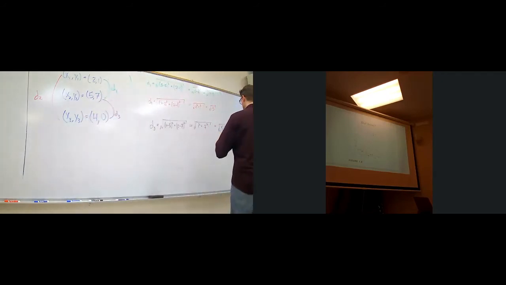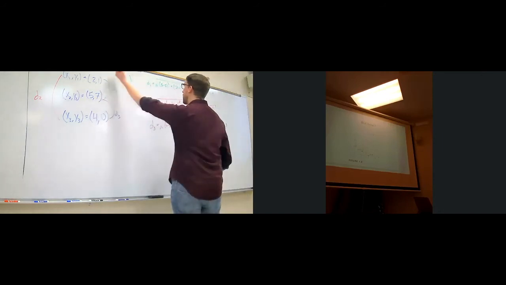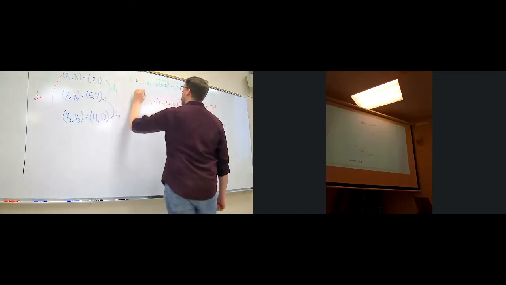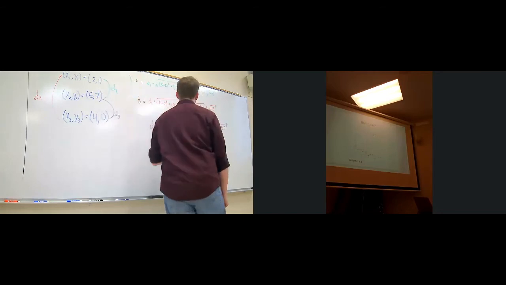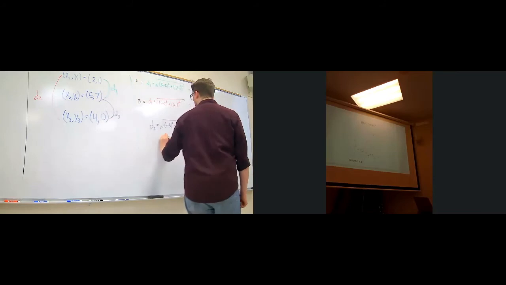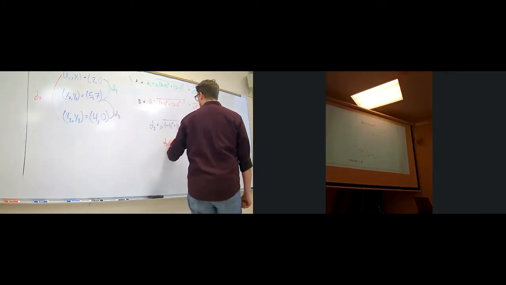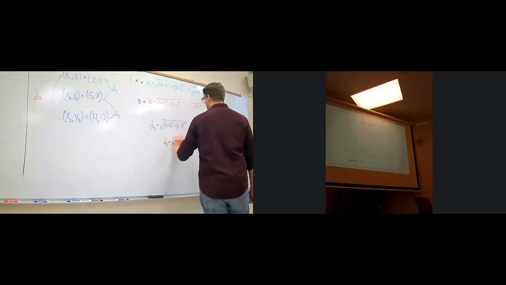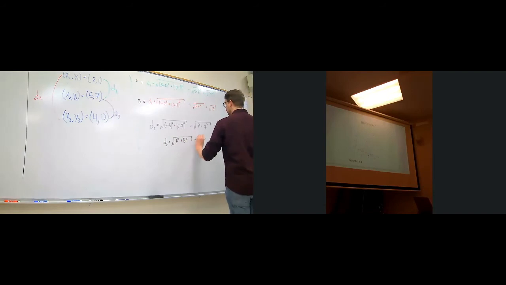We could have said D1 is equal to A, D2 is equal to B, so D3 is going to be equal to the square root of A squared plus B squared, which is going to be the square root of square root of 45 squared plus square root of 5 squared, or 45 plus 5, square root of 50.